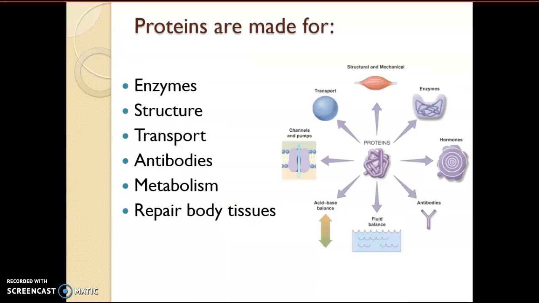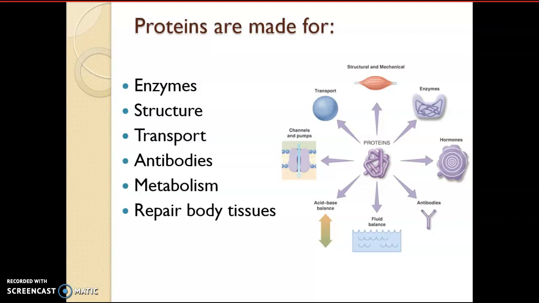And some of those functions of what proteins might do, we've talked about earlier this year that proteins are important for enzymes. Enzymes are going to break down and help initiate chemical reactions, and really they help with pretty much any chemical reaction that occurs in your body. They also help with the structure of cells, so they provide structure on a cellular level as well as an organism level.